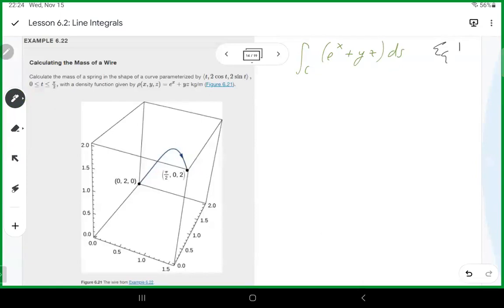So you're definitely going to have to know those few equations.